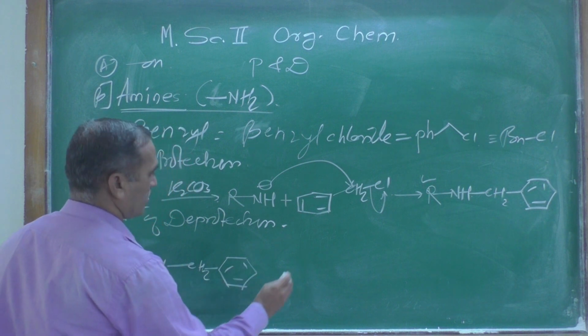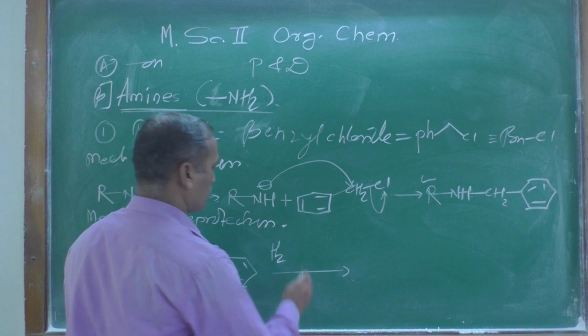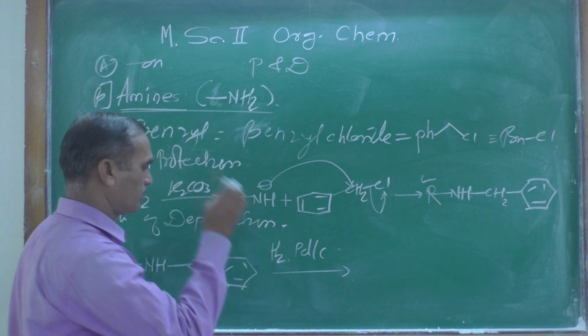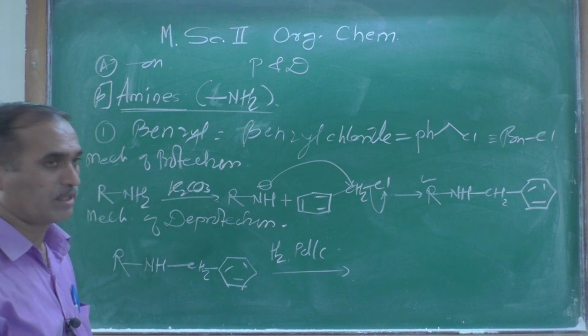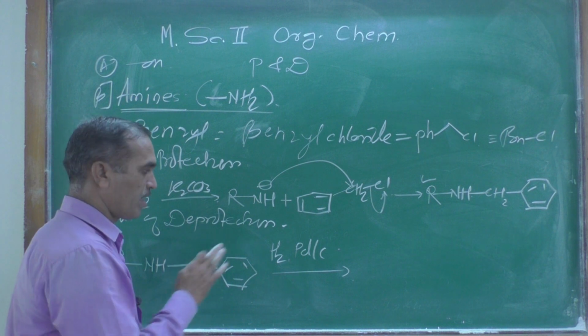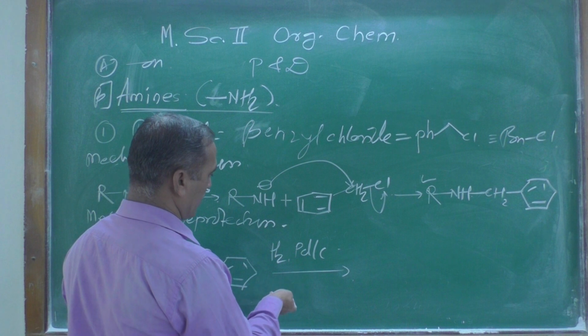And as we know, in hydrogenolysis the reagent used is hydrogen in the presence of palladium on charcoal, with charcoal as a support, to break the bond between hydrogen and hydrogen, and we get a free-radical type of hydrogen atom.